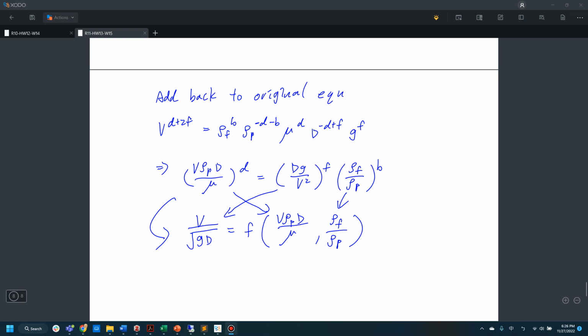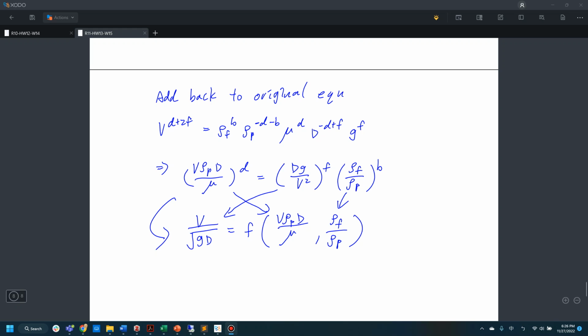And for these two, you just take the square root of gD divided by the square of V, to the power of minus 1, then you can get this term at the left-hand side. You put these terms into pi 1 and the last term into pi 2. Then we can get the solution for this problem.